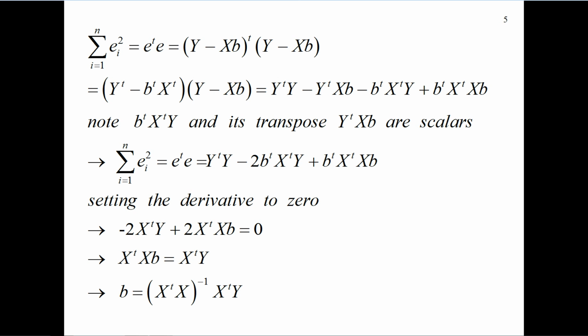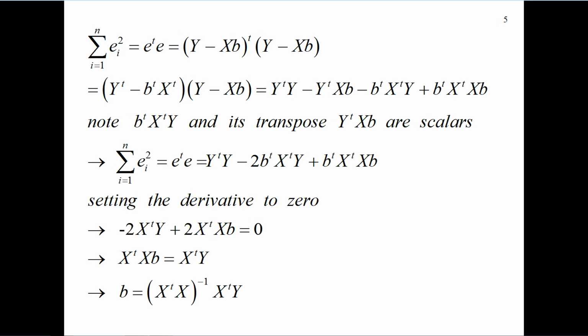And now we want to distribute and do some matrix arithmetic, the kind that we may have seen in a linear algebra course. I do want you to note that as you expand this out using FOIL, we get b transpose x transpose y, and we get y transpose x times b. Convince yourself that those are both 1 by 1 results.